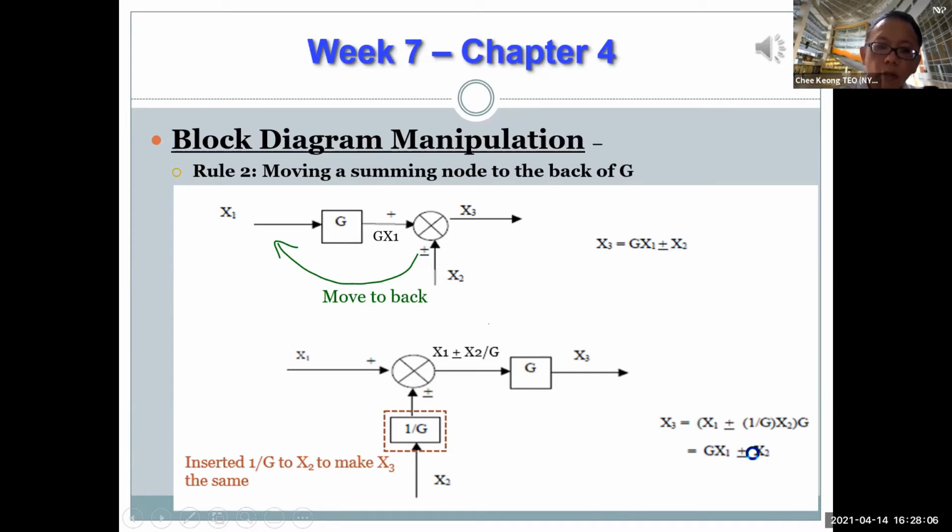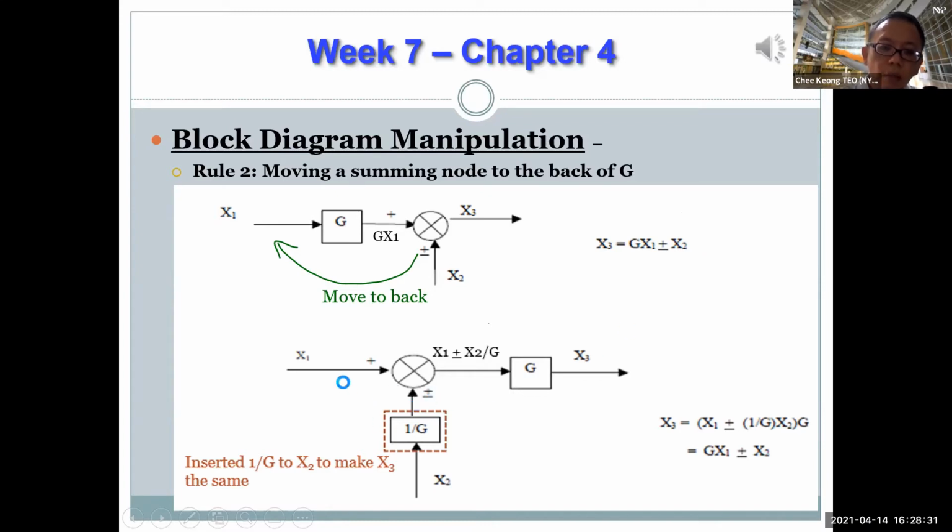So in order not to have this extra G, for the X2, you have to divide by G first. So you have a 1 over G here. And then when you multiply by the G, they will cancel each other. So X2 itself finally doesn't have an extra G, but X1 has a G, right? So this expression, after inserting this 1 over G, basically results in the same expression.